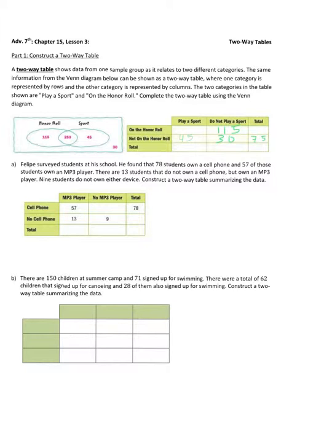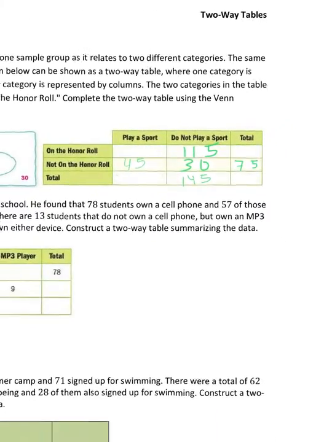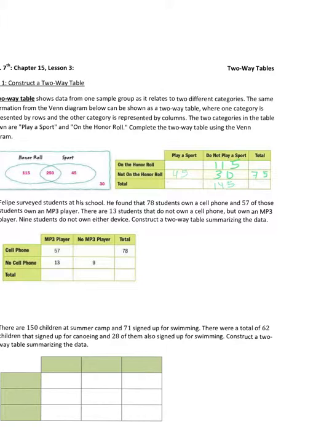So how can I come up with another number here? So again, just kind of go back and forth and try to pull that information out. I found the column total for do not play a sport is 145. Again, this time by adding the column up and down.